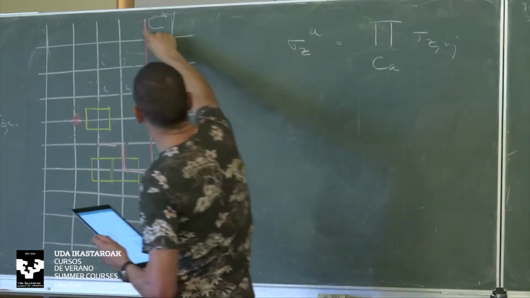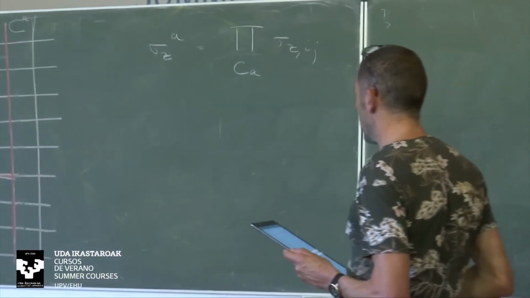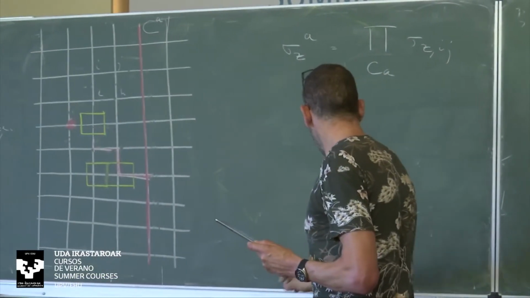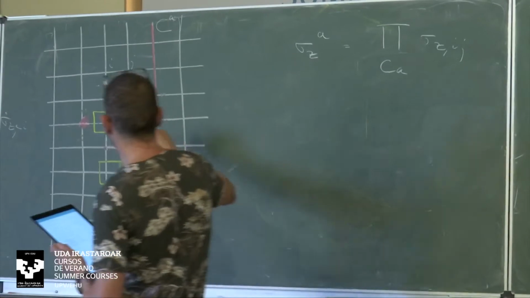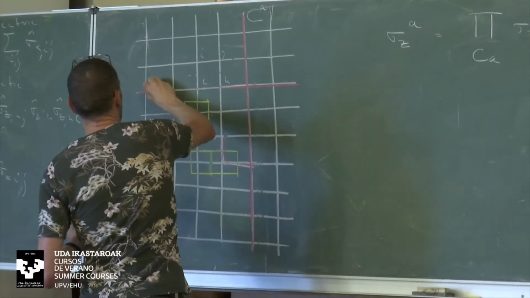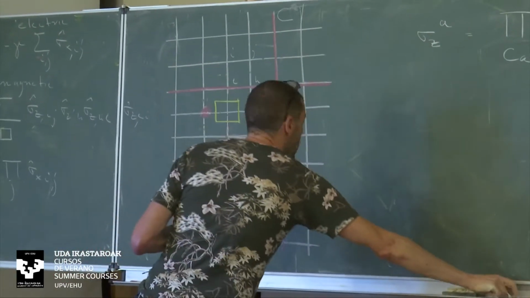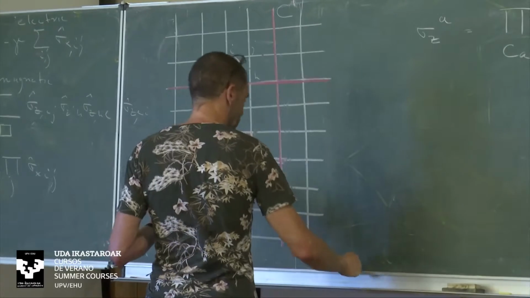Just sigma z, sigma z, sigma z. And there is a complementary operator which I build by, actually let me call this here C1, and this here is C2.